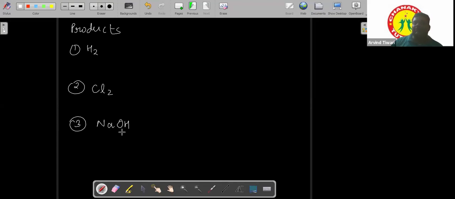And it is very difficult to manufacture sodium hydroxide as an alkali. Hydrogen gas is also very difficult to manufacture, but you are getting hydrogen gas over here. Scientists are thinking of making hydrogen propelled vehicles, using hydrogen as a fuel.